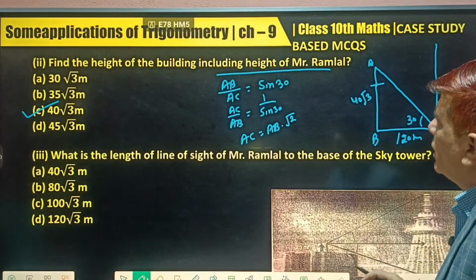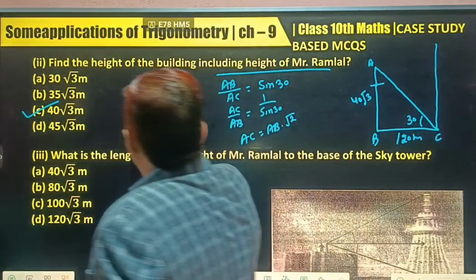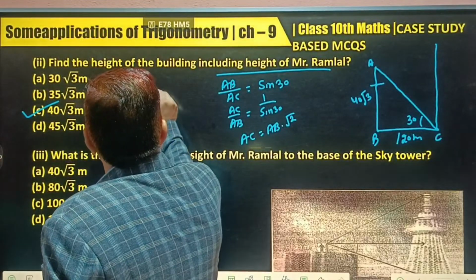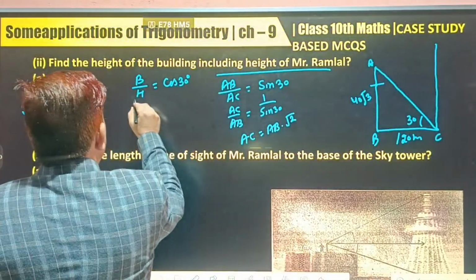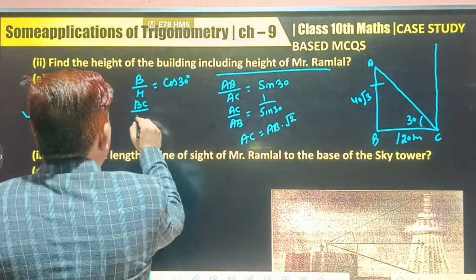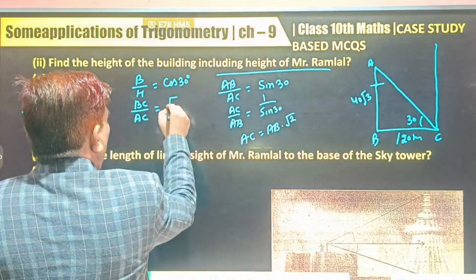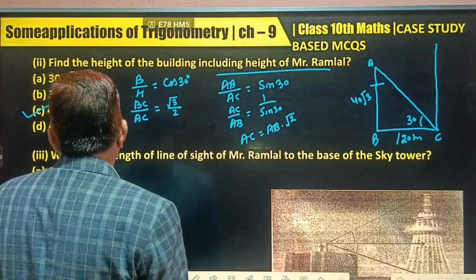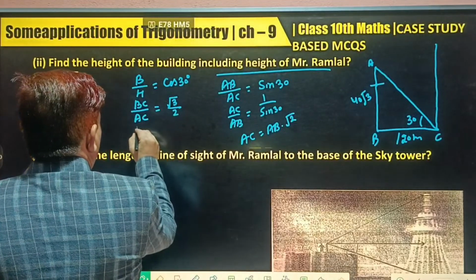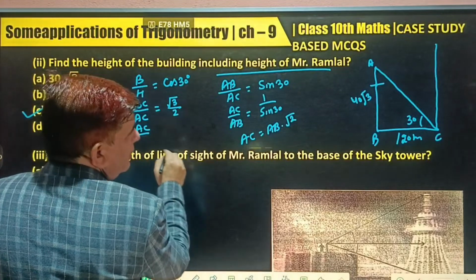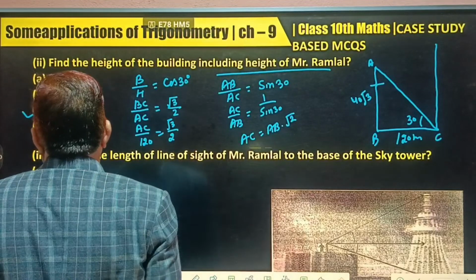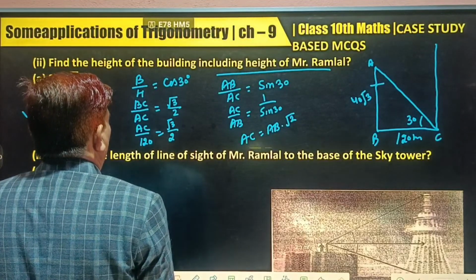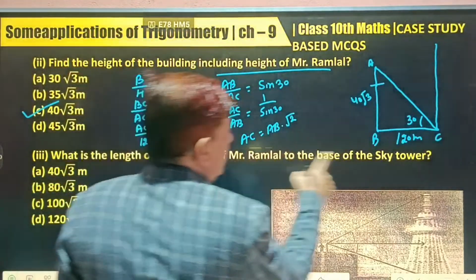You can find out by using another method also, like this: base by hypotenuse is equal to cos 30 degree. So base is BC. BC by AC is cos 30, that is root 3 by 2. What's your AC? BC is 120, equal to under root 3 by 2 into AC.